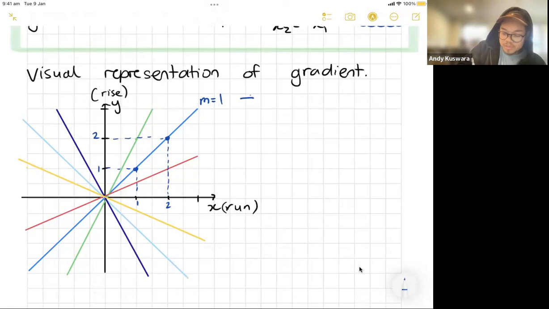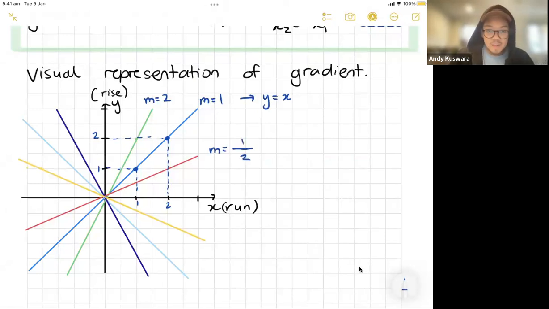If I was to write this out, my equation would be y equals x, but my gradient is theoretically 1. For this one here, this is actually a gradient of 2 because it's steeper. This one here would be a gradient of a half, 1 over 2. And then we can keep going this way. This would actually be m equals minus a half because it's now negative. We're pointing to the bottom right.